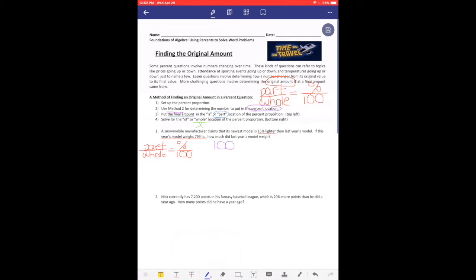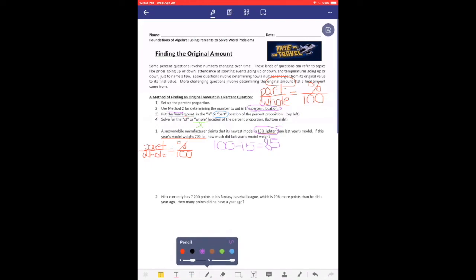Now that I know it's 15% lighter, I'm going to subtract 15 from 100. So 100% minus 15% equals 85. I subtracted because lighter means smaller. Now I know that for my percent proportion, the percent would be 85.